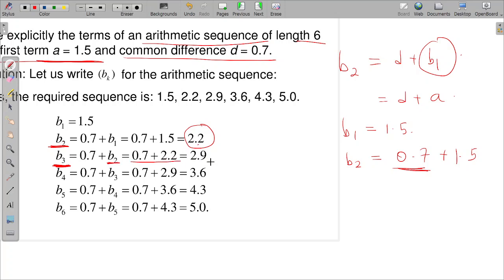We add it together and get 2.9. We continue like that to get b4, b5, b6. We are asked to find a length of 6, but you could be asked to find length 8 or 9 or 10. You just continue like that up to the length you are asked to find.